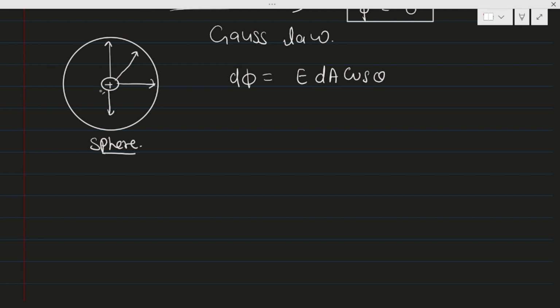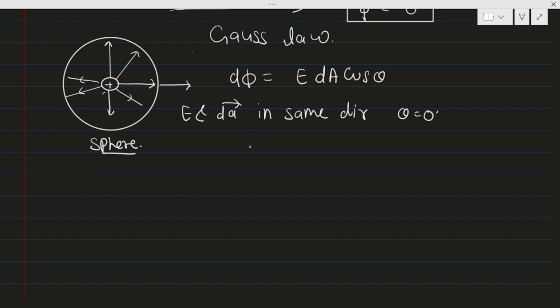The area vector is perpendicular to the surface, which means the electric field and dA are in the same direction. So the angle between them is 0, and the flux d phi can be written as E dA cos 0 degrees.